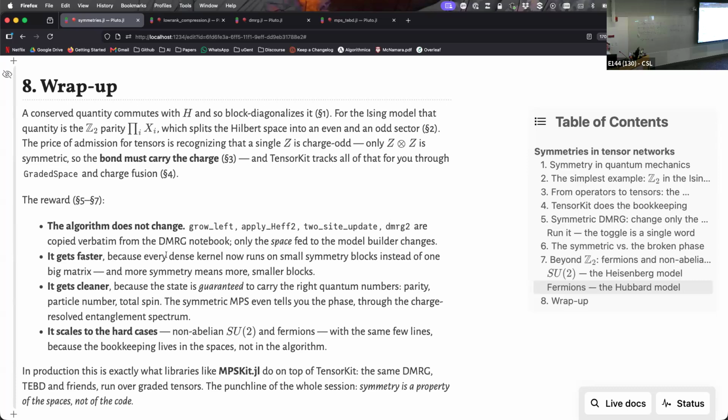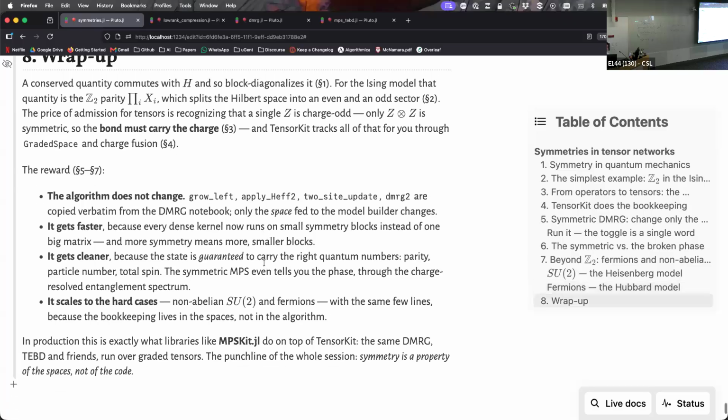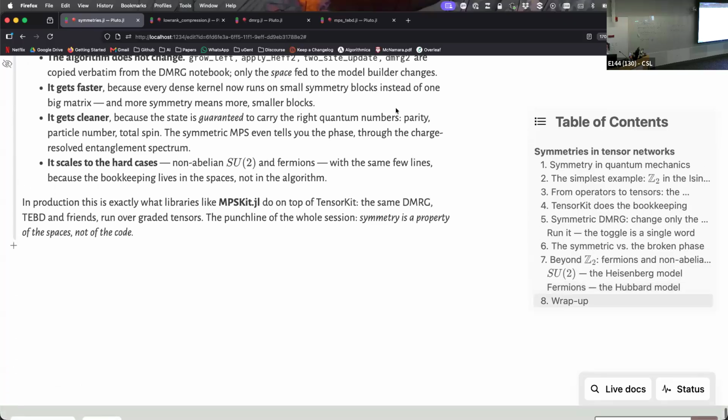So you write code that works for no symmetry, you get the symmetry for free. And then depending on the model you're studying, you get a large amount of benefits for the computational cost of these methods.